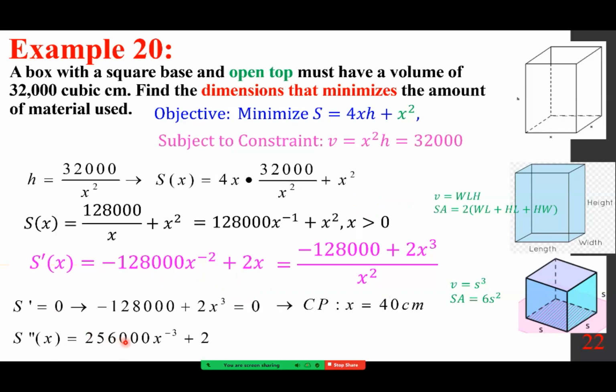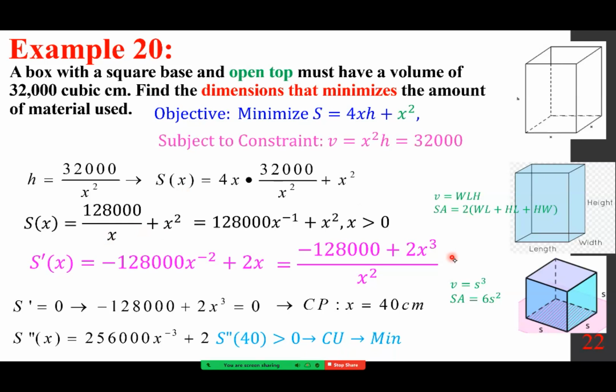This is 256,000 divided by 40 cubed plus 2, and that is positive. We've done that before. I leave it for you to double check. We don't even need to know the value. We just want the sign. Positive means concave up. Concave up means minimum. So minimum occurs when x is 40.